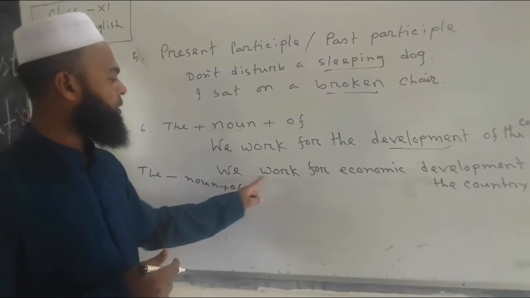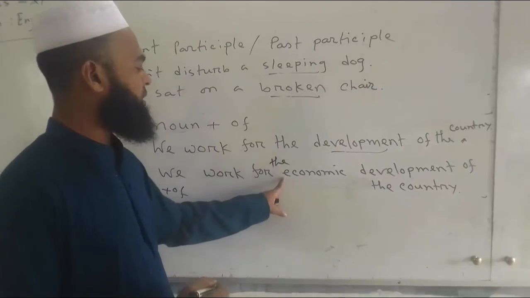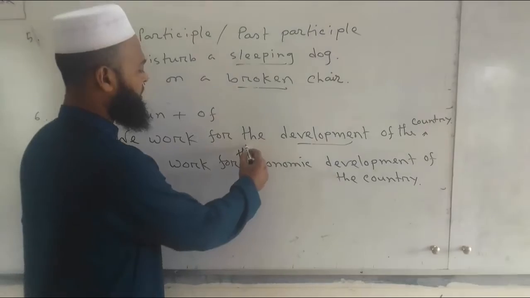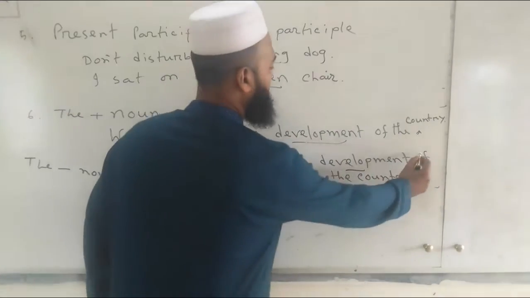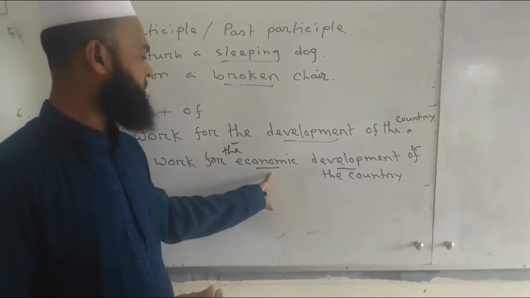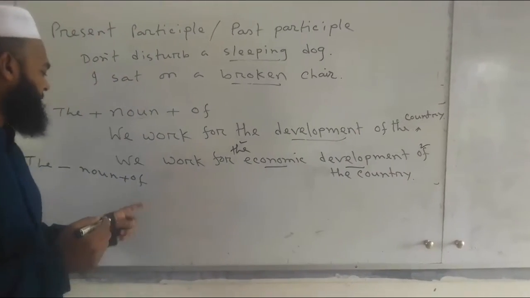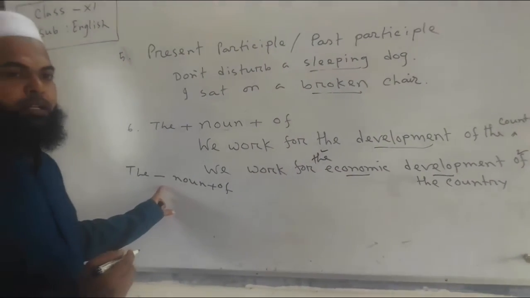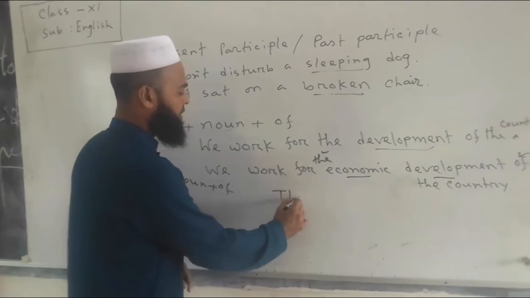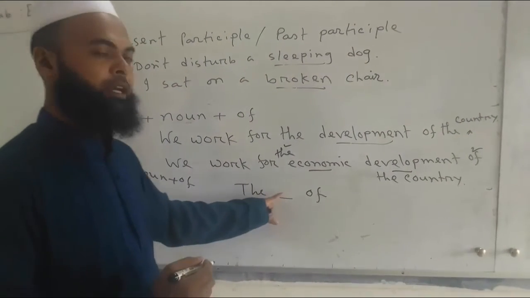For example, So when we find a gap before a noun in a sentence, then we write an adjective. But when we find the gap of, we will write a noun in the gap.